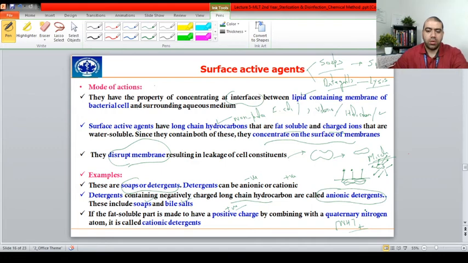Non-covalent bonds include, for example, hydrophobic interactions, weak ionic interactions, and hydrogen bonds. So we call that detergent a cationic detergent if you treat it with quaternary nitrogen.